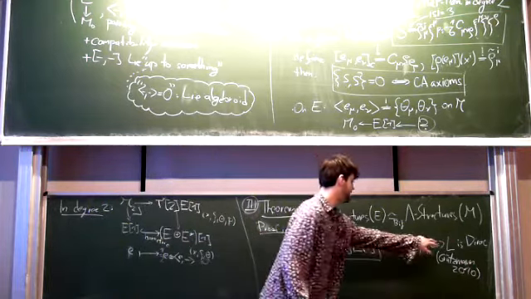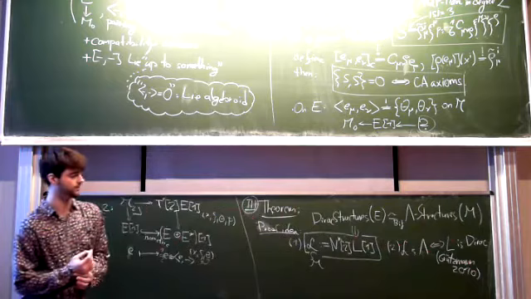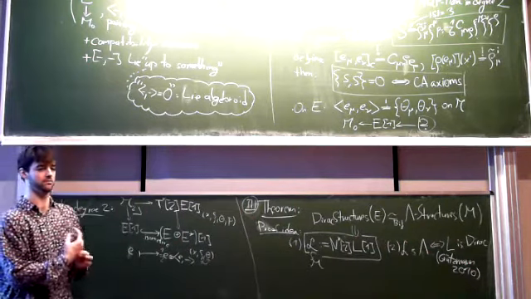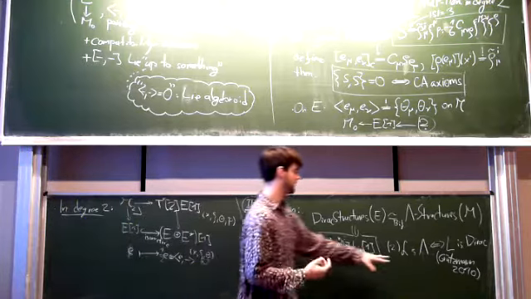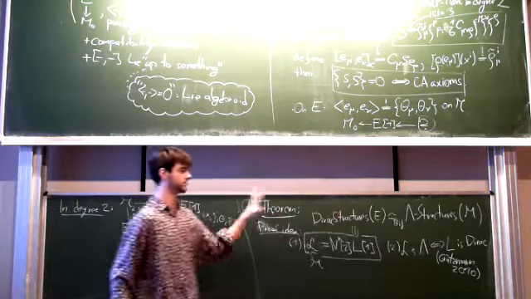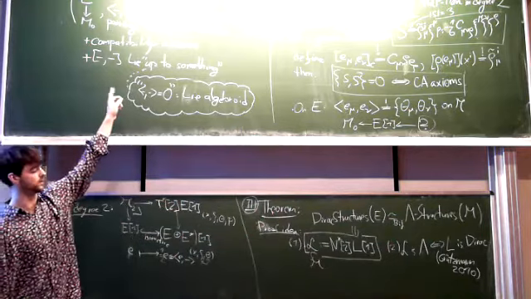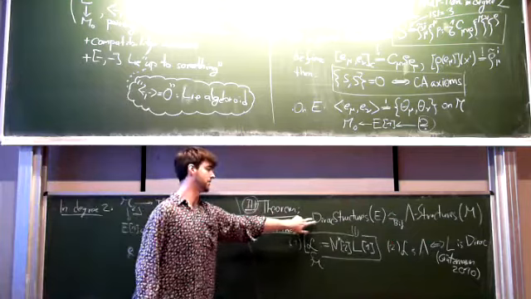But I would say that it's actually very nice to see this locally in coordinates. Locally in coordinates, you can see how each of the terms corresponds to each of those conditions of the structure.